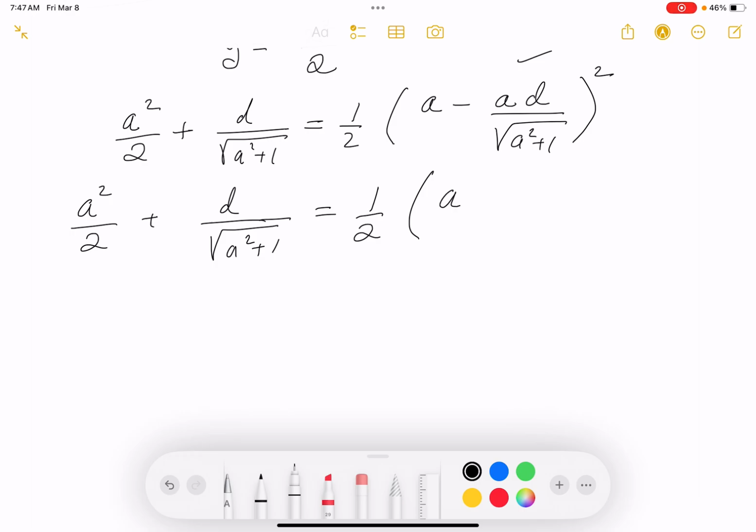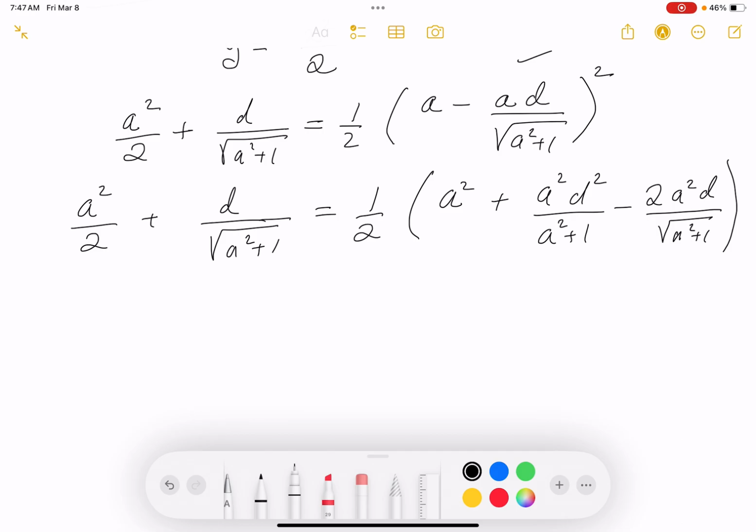It's the first term squared. That's pretty easy. And then it's going to be the second term squared. That's going to be positive now. So it's going to be a squared d squared over the square at the bottom, just a squared plus 1. And then I get minus 2, and I'm multiplying them together now. It's going to be a squared d over the root of a squared plus 1. All right? Okay, what do you do now?